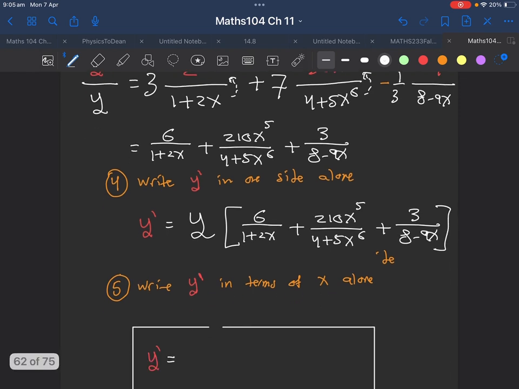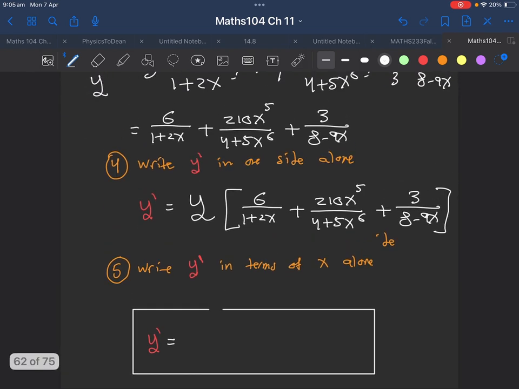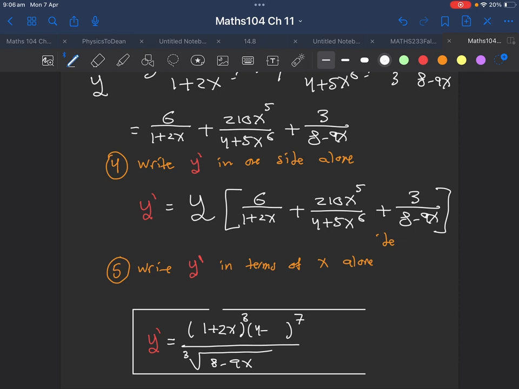Last step, return y to what it was before. So what was y before? It was something like this. I think this is 7, this is 3, divided by the third root of 8 minus 9x, 1 plus 2x, 4 plus 5x power 6. This is what was y before.